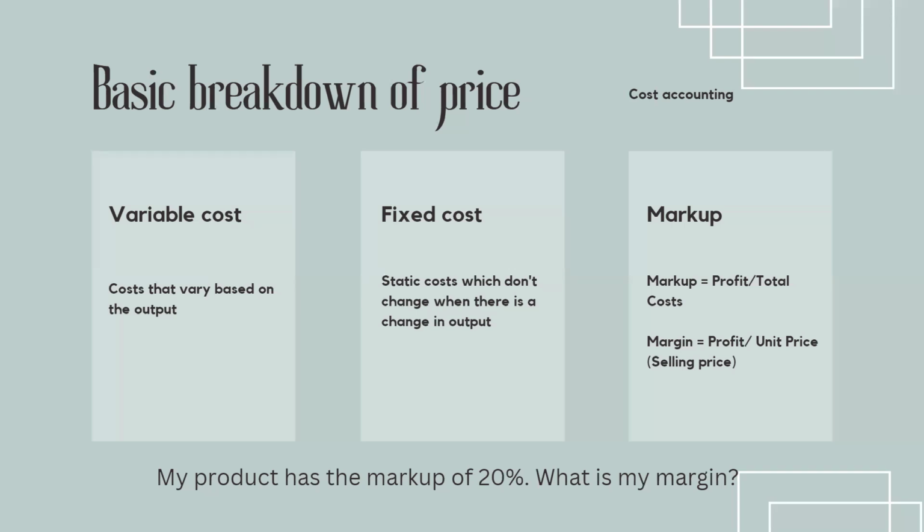Or we have another formula, the margin. Margin means the proportion between the profit and the unit price, the selling price. So markup and margin describe different percentages of the profit: compared to the total cost, or compared to the unit price.